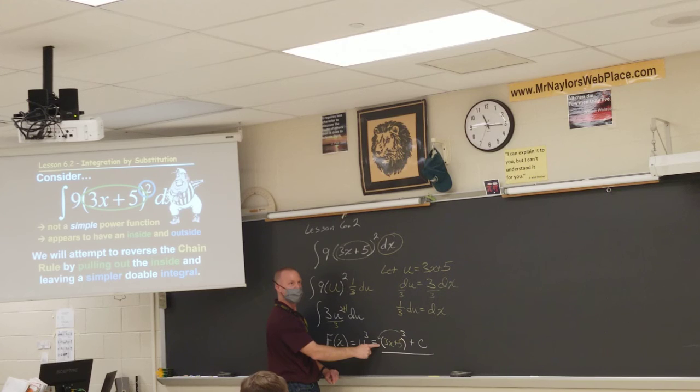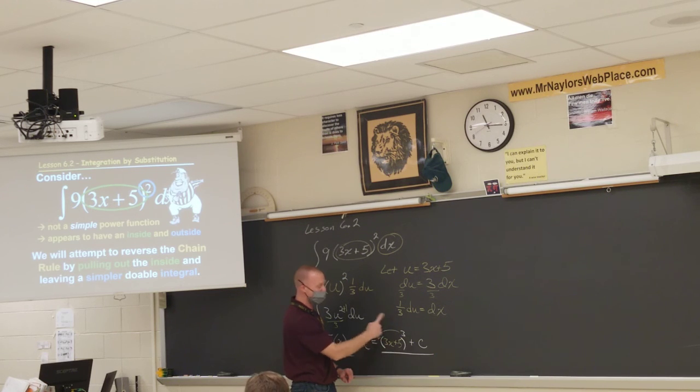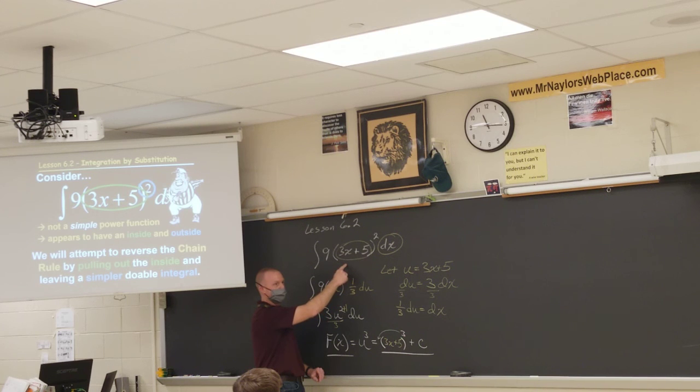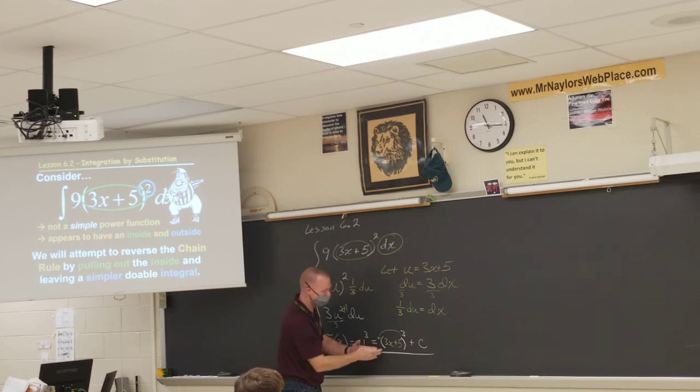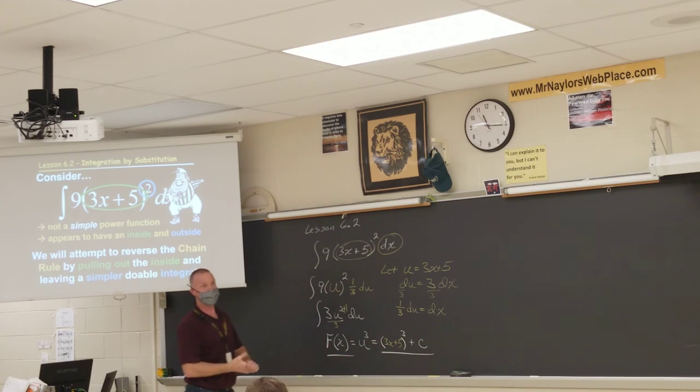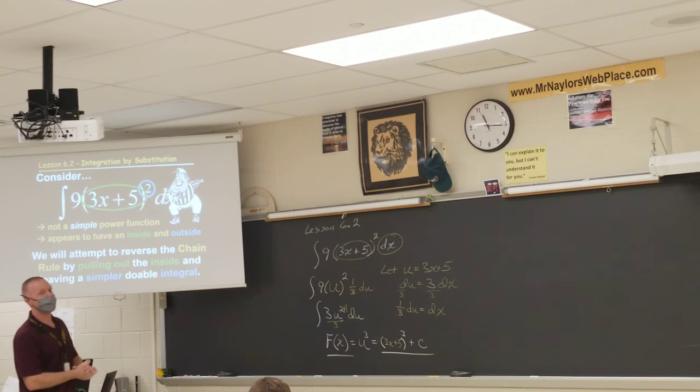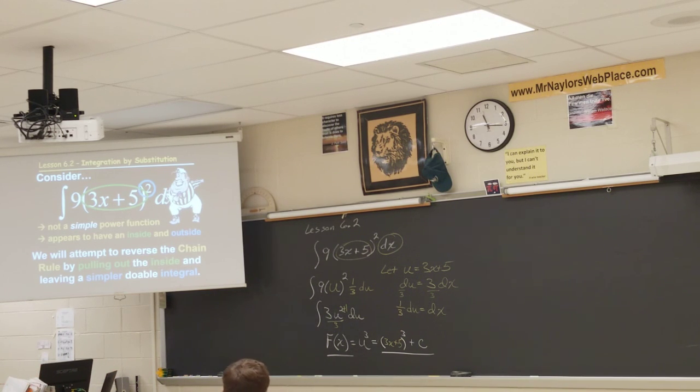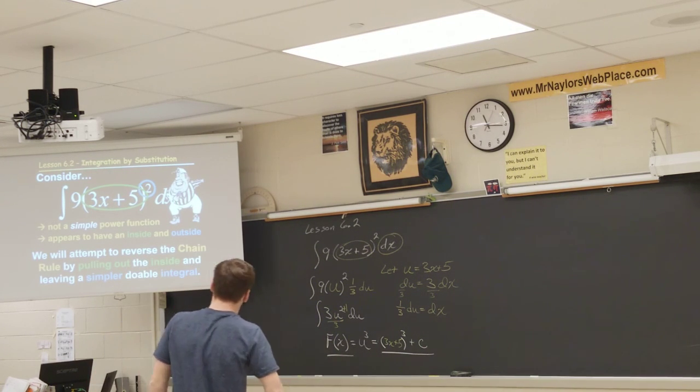Do you see where we get the other 3? It's the derivative of the inside. So if you do the chain rule on this guy, you are going to go back to where we started. But if you start here, you're going to go back to this original equation. And it's using something called the substitution method. Okay, the substitution method. All right, that'll give you something to think about.